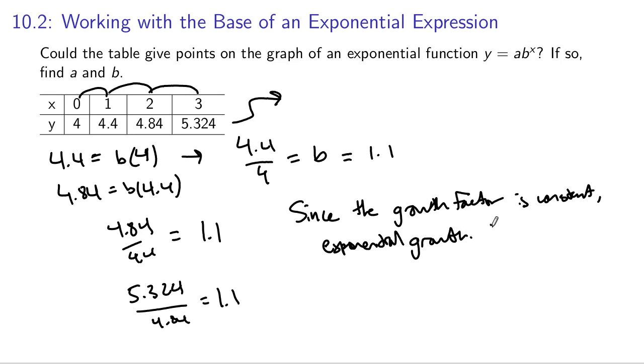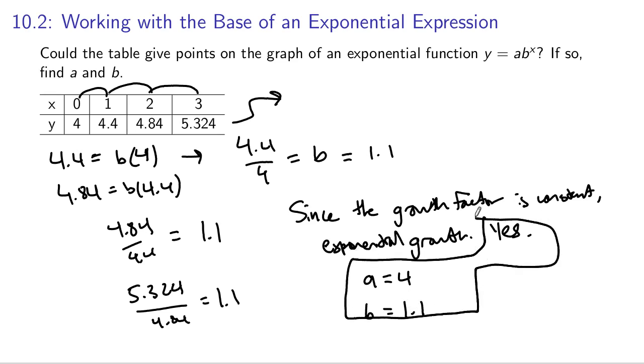So the answer is yes. And our A is 4, because that's what the initial value is of the exponential function. And the B, the growth factor, is 1.1. So the answer is yes. A is 4, B is 1.1.